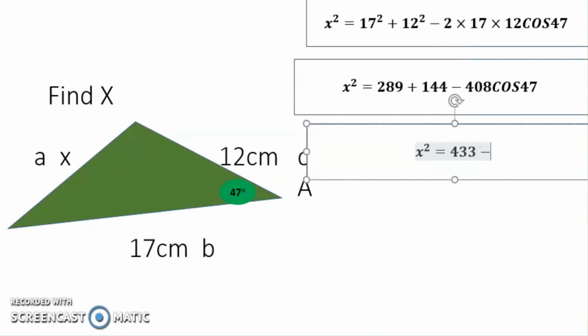Minus 408 times our cos 47, which is approximately 0.682. So this is what we have here. Now to simplify this further, we are going to multiply 408 by 0.682.